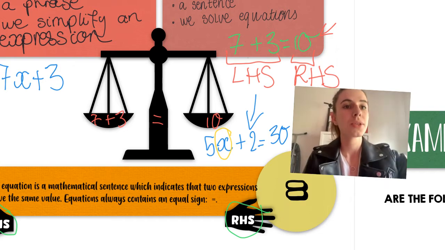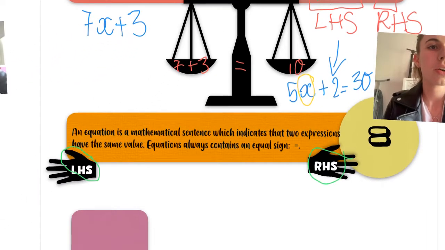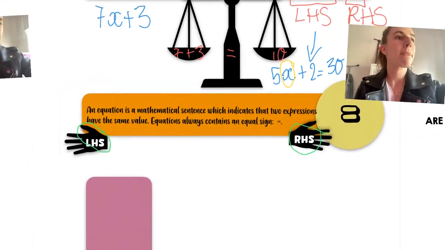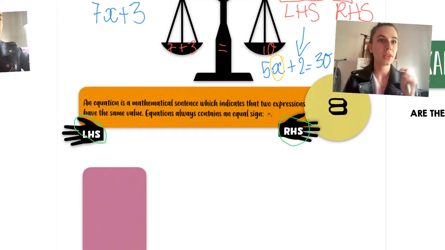Okay, so I've got a definition here of an equation. So it's just down there in the orange. I want you to pause the video and write that down. So the definition is that an equation is a mathematical sentence which indicates that 2 expressions have the same value. Now, equations always have an equal sign.